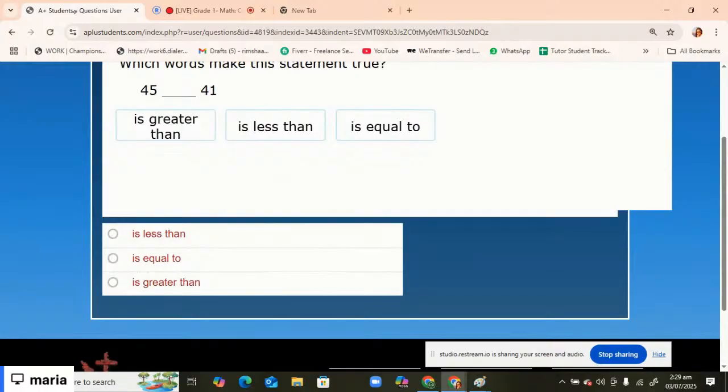this is 45 and that is 41. So, which word makes the statement true? 45 is greater than 41, 45 is less than 41, or 45 is equal to 41? So, what is the right option?